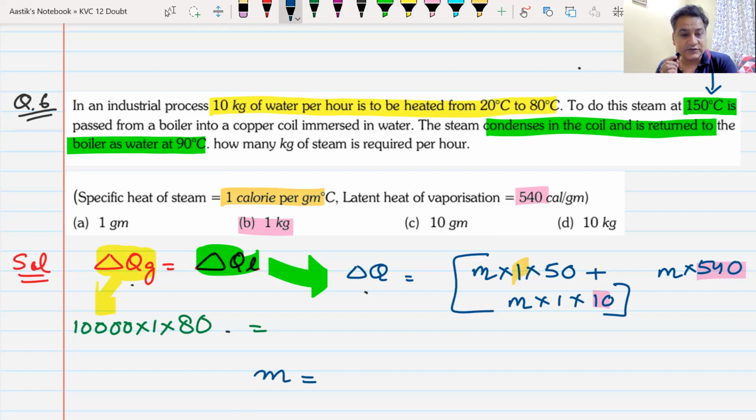Do we understand this? Yes or no? Sir, that is 10 raised to the power 3 grams, which is actually equal to 1 kg. Do we understand this? I took 10 kg as the mass of steam. I was wrong. The mass of the steam was what we are supposed to find out. Okay, so do we understand this?